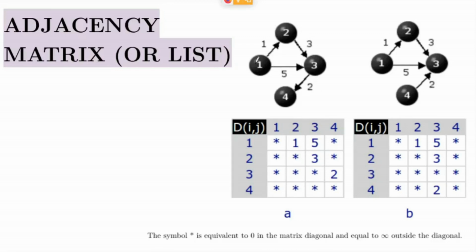Let's say that here, for example, we consider node number one. Node number one is connected to two different neighbors: number two with a total cost of 1, and also node number 3 with a total cost of 5, right?